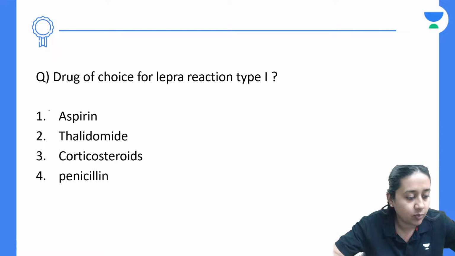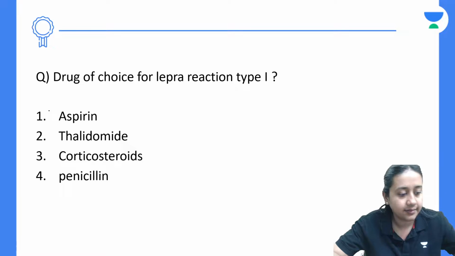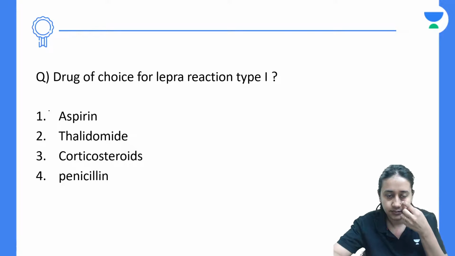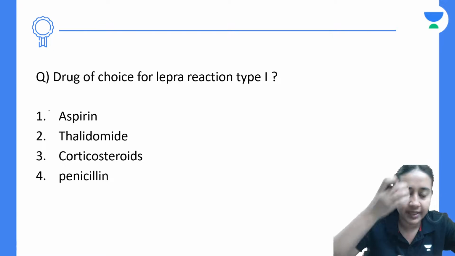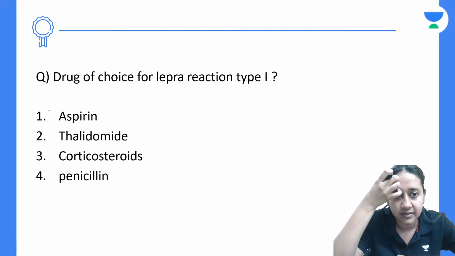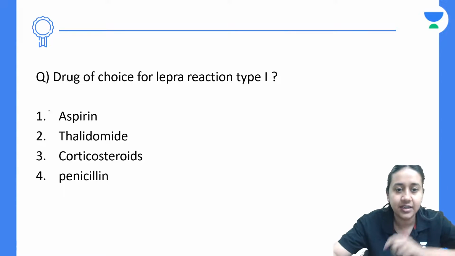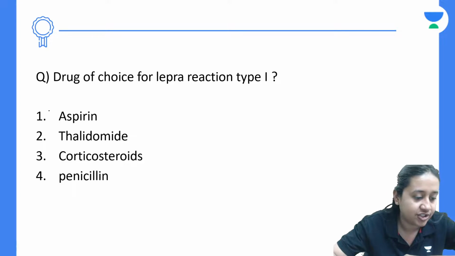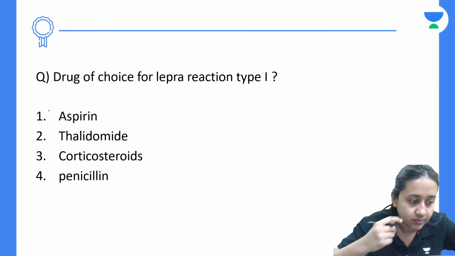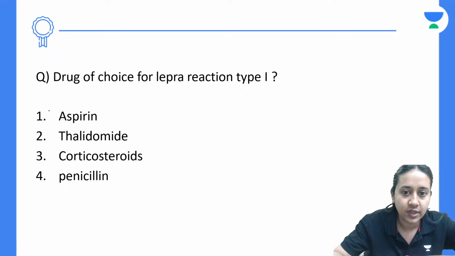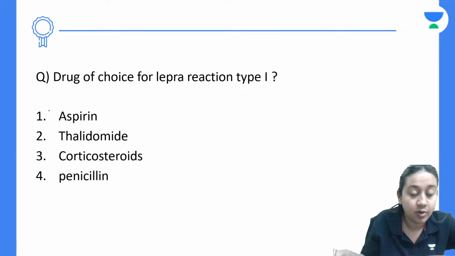Aspirin, thalidomide, corticosteroids, or penicillin. Drug of choice for lepra reaction type 1.